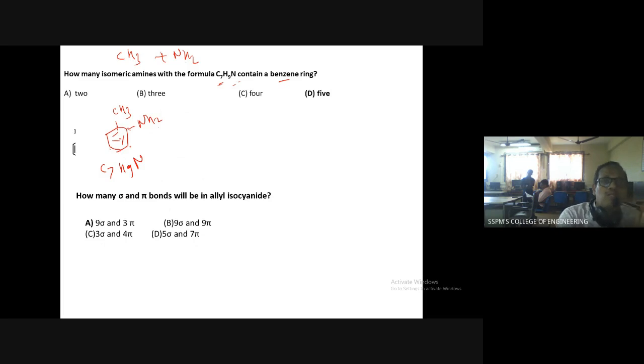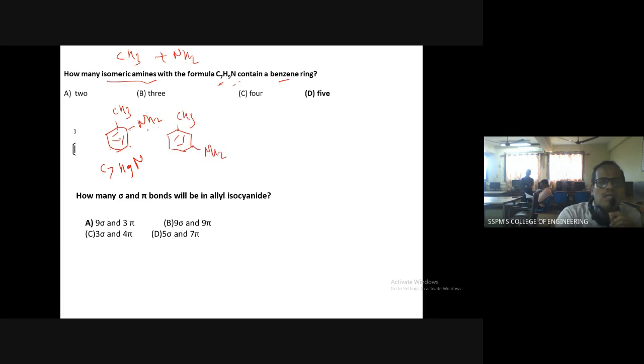So this is correct structure, but this is one structure. There are several possibilities. They are asking how many isomeric amines are possible. हा मॉलिक्युलर फॉर्म्युलाचे किती स्ट्रक्चर तयार होतील अमाइन्सचे, त्याच्यामध्ये बेन्झिन रिंग असेल. तर हे एक झालं. आता हा अमिनो ग्रुप इथे जाऊ शकतो किंवा पॅरा पोझिशनला पडू शकतो. मग दुसरं स्ट्रक्चर असं होईल. First, this is second, CH3, NH2 at meta position.